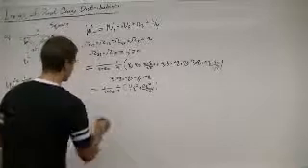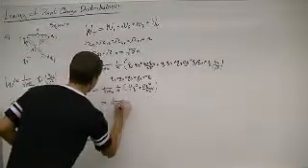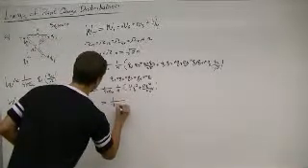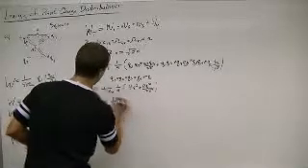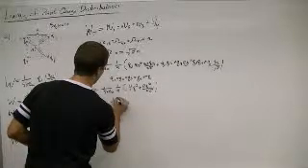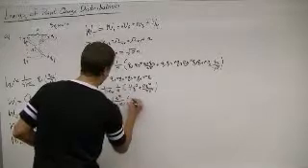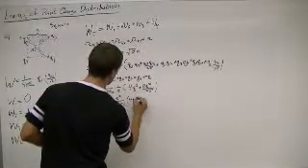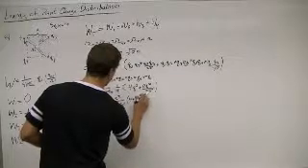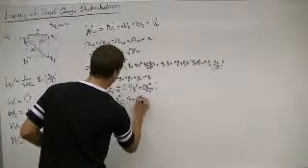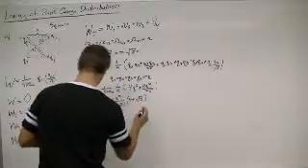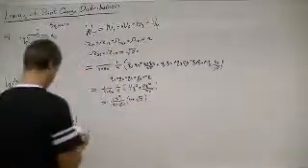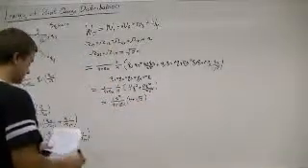So we can just, if we want, rewrite it as 1 over 4 pi epsilon naught a, and bring out a q squared on the top, multiplied by 4 plus the square root of 2. So that's our answer to part A.